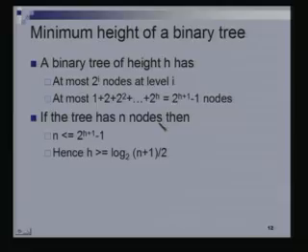So let's rewrite this. Suppose I told you that the tree has n nodes. Then n is less than or equal to this quantity, which means that the height of the tree, if I just rearrange this, is greater than or equal to log of (n plus 1) by 2.